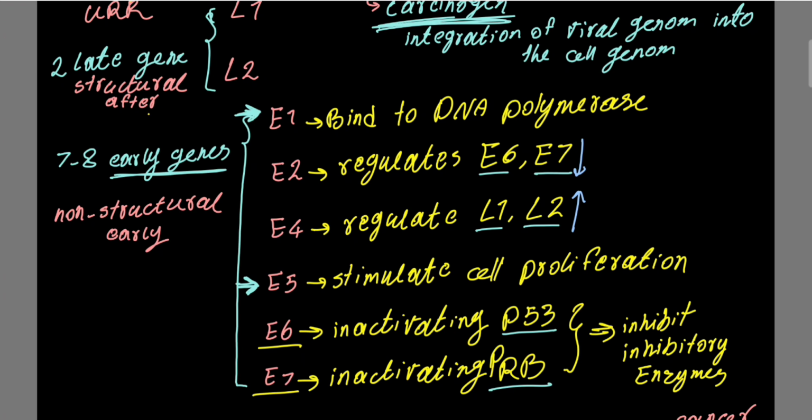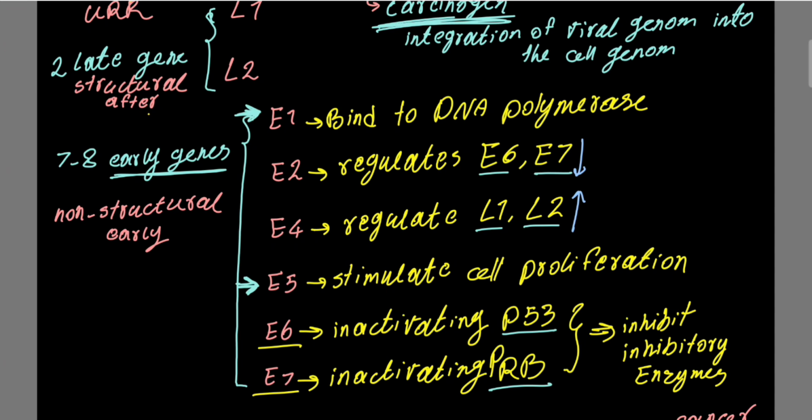So it upregulates them. And we have E5, which stimulates cell proliferation, because the more cell proliferation we have, the more replication of the virus is going to happen, because this virus is inserted inside the genome. So the more cell proliferation, the more viral proliferation.